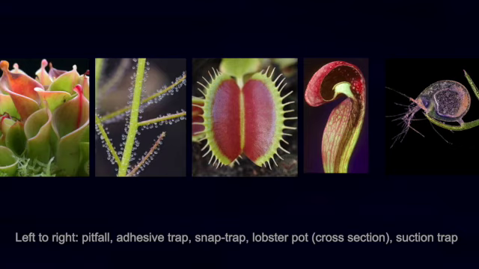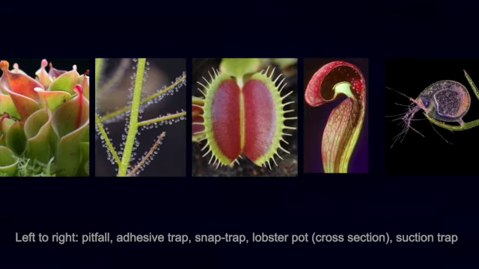This tricks the prey into believing that by going farther into the trap, towards the light, it will get closer to escaping. Like in many pitfall traps, stiff hairs make it almost impossible to go anywhere except closer to the digestive enzymes in the bottom. This is just one example of a lobster pot trap. Any trap that's made in a way that allows prey to go in farther but not to go back is a lobster pot trap.